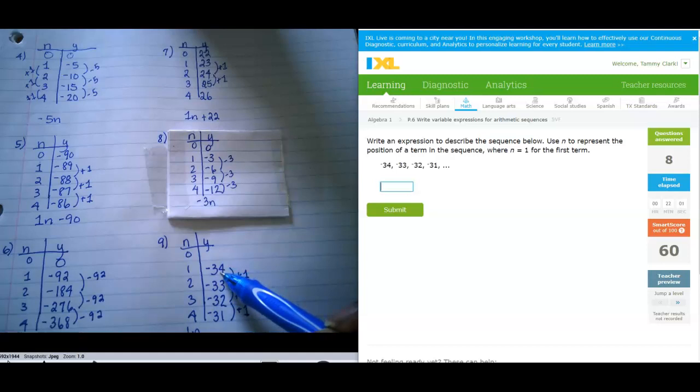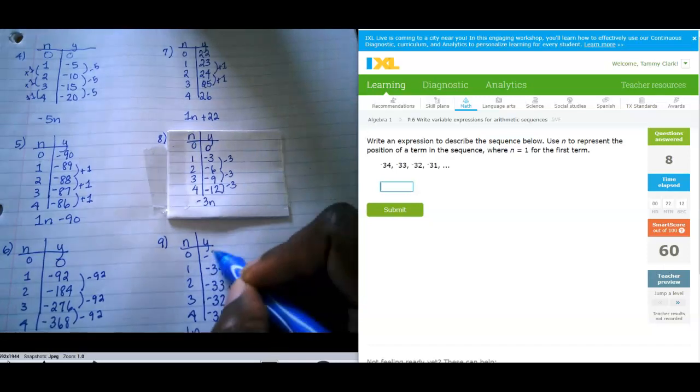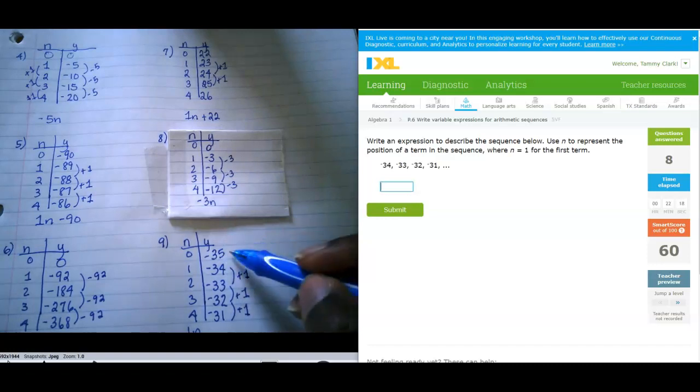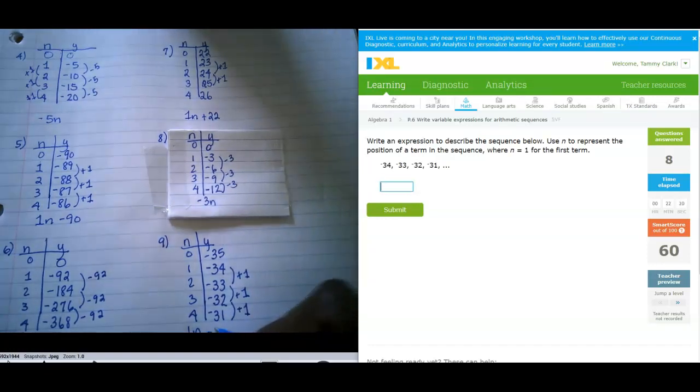But my output isn't 1, it's negative 34. So I have to think, what was this number prior to me getting to negative 34? Well, it was negative 35, because from negative 35, I'd have to add 1. So we're going to have n minus 35.